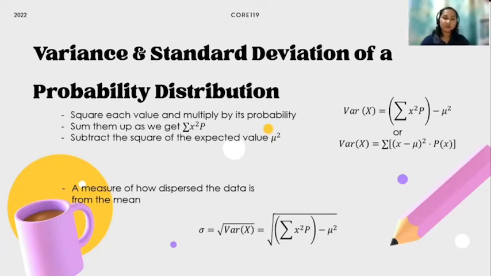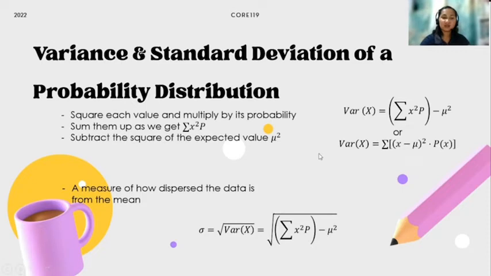At this point, we can use either of these two formulas for the variance. Either the variance of that probability distribution is equal to the summation of the product of x squared and p, minus the square of the population mean, or it can be the summation of the quantity x minus the population mean, squared, times their corresponding probabilities.